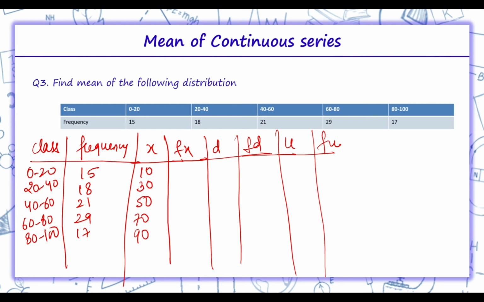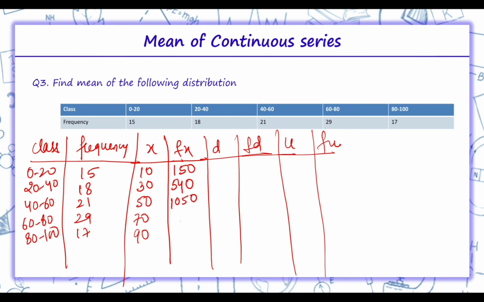Coming on to, now we will calculate fx. So 15 into 10, it is 150. 18 into 30, it will be 540. 21 into 50, it will be 1050.